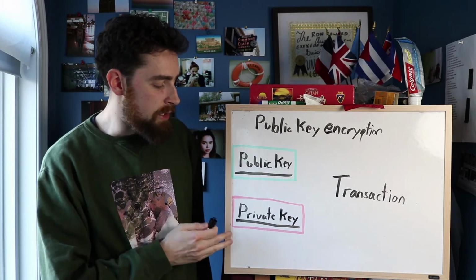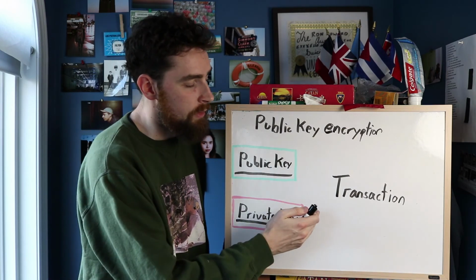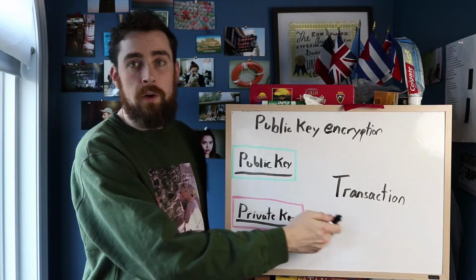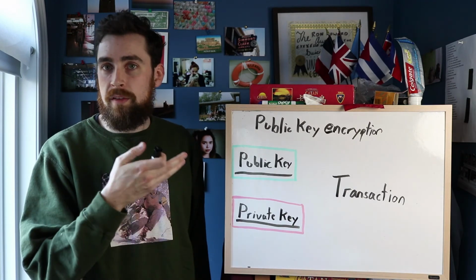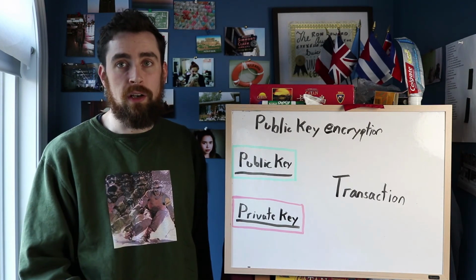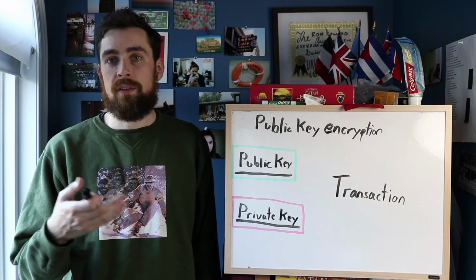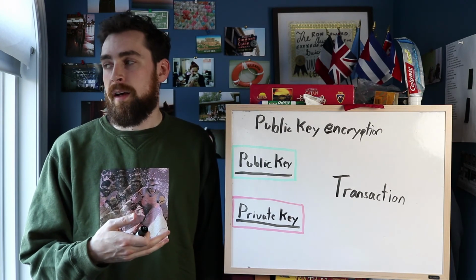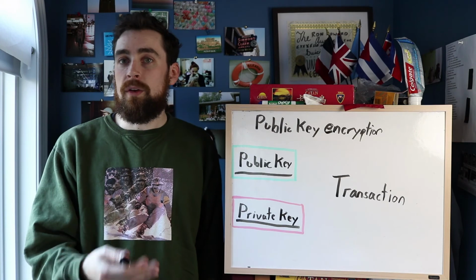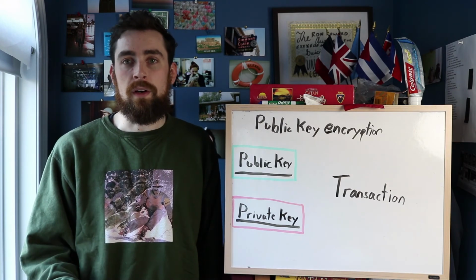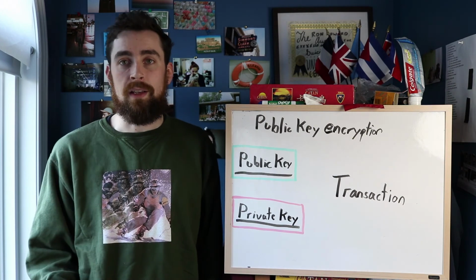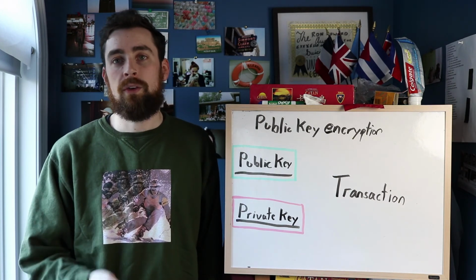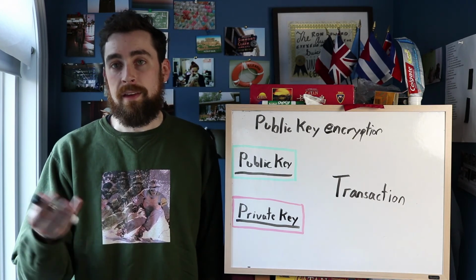But essentially, you're using your private key to encrypt parts of the transaction, which is basically you putting your digital signature onto the transaction, and it's you signing the transaction, and so it's you verifying that you are the owner of the bitcoins associated with this public key, because you're using the private key to encrypt things.